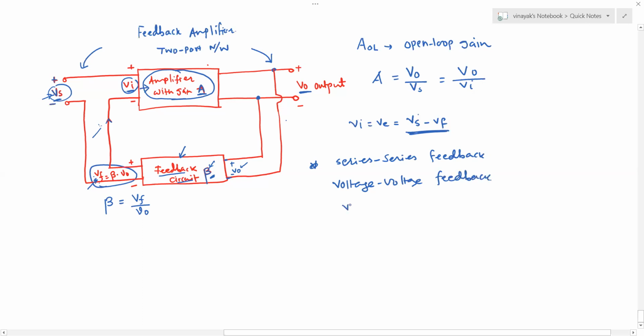And the amplifier is called a voltage amplifier with a gain VO over Vi.